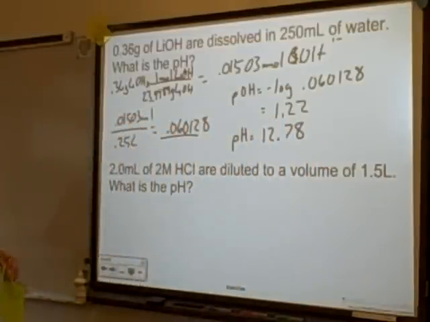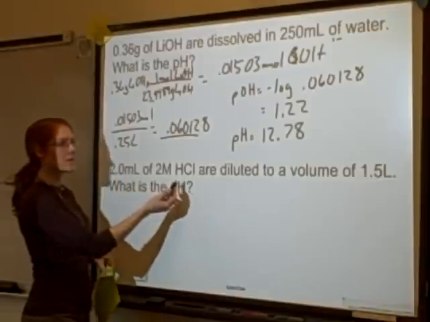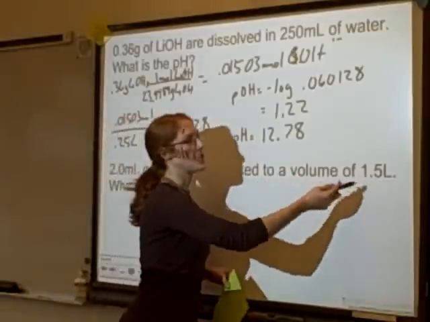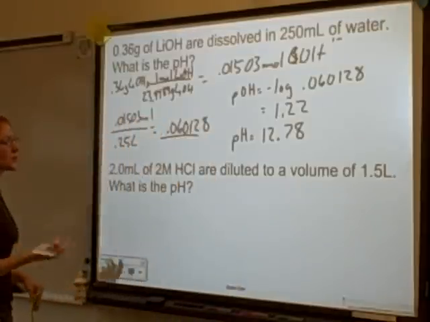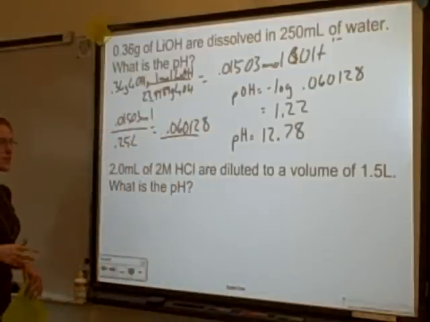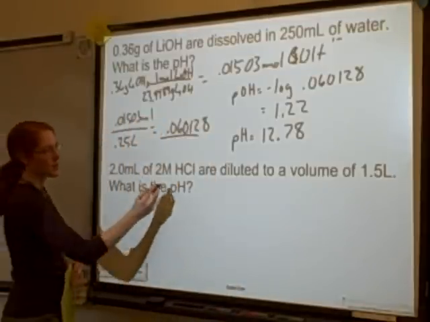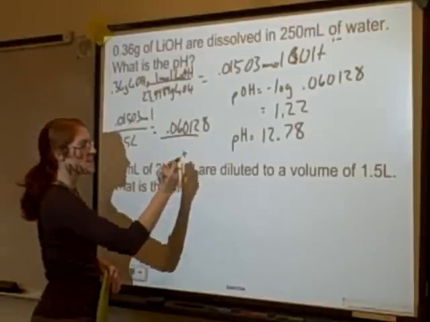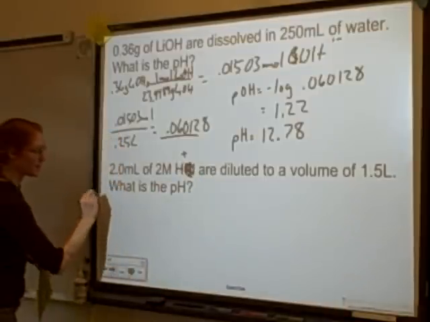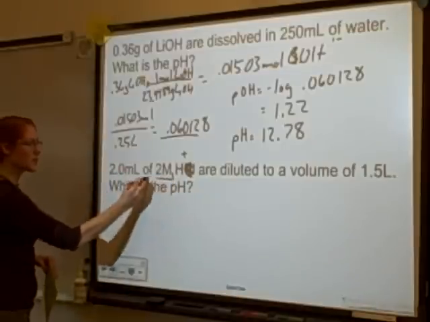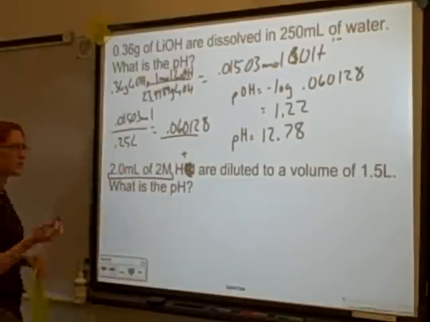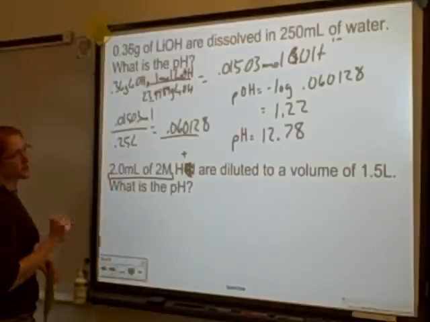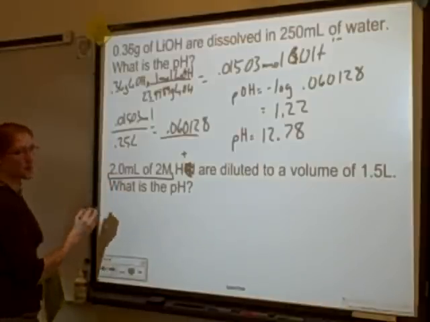For the last one, I have 2 milliliters of 2 molar hydrochloric acid diluted to 1.5 liters. I want to know what the new molarity is of H+, and then I can find out what the pH is. This is a strong acid, so if I have HCl, really, I have H+. So I want to find out how many moles are in 2 milliliters of 2 molar HCl, and then I'll divide that by 1.5 liters to get the new molarity.